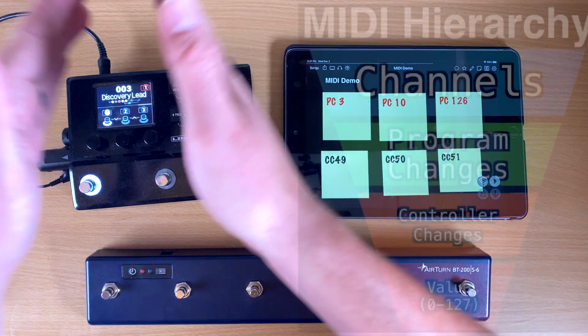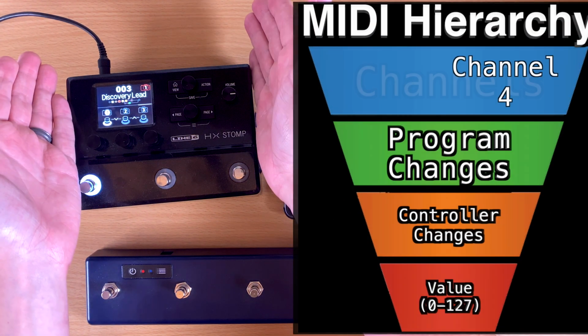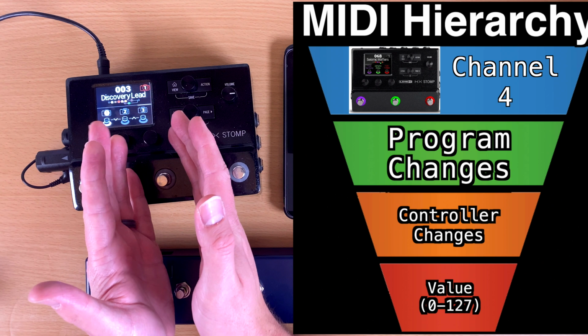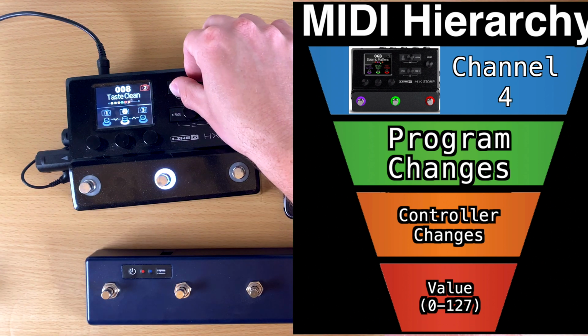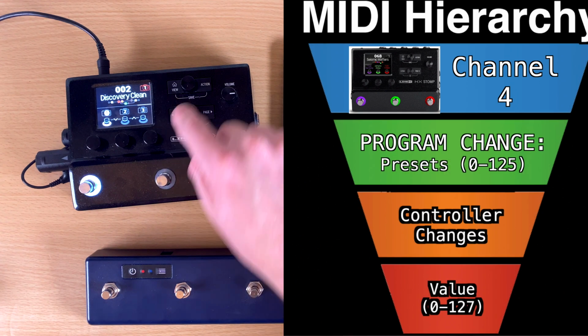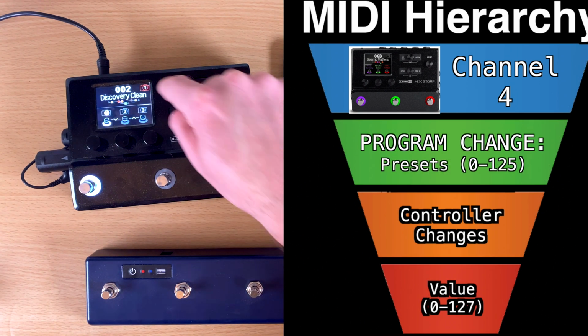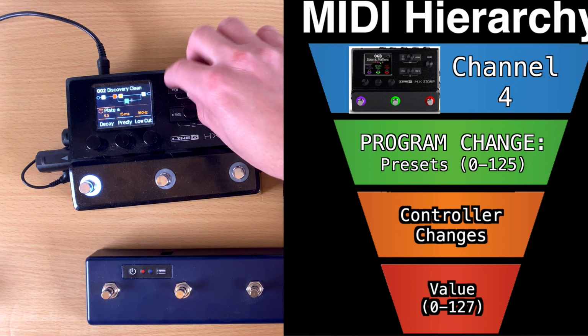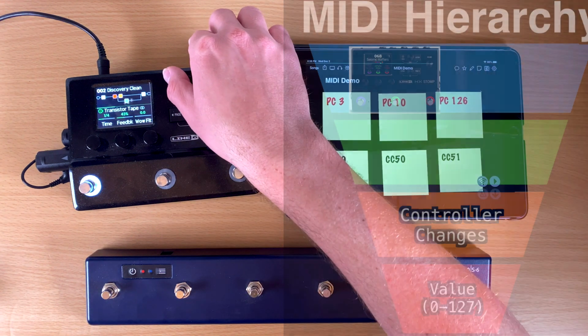So channel 4 is the HX Stomp. Within the HX Stomp, which is on channel 4, we have program changes, which define the presets in here. Now, within each preset, we have different controls. I have an amp in here. I have a plate reverb on here. I have a tape delay on here.